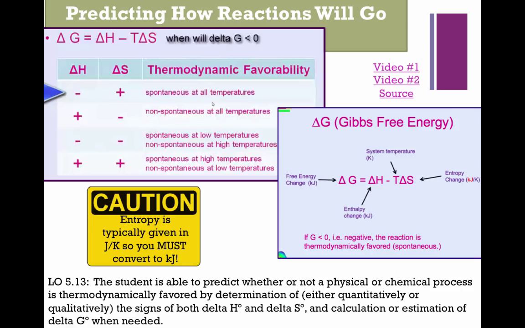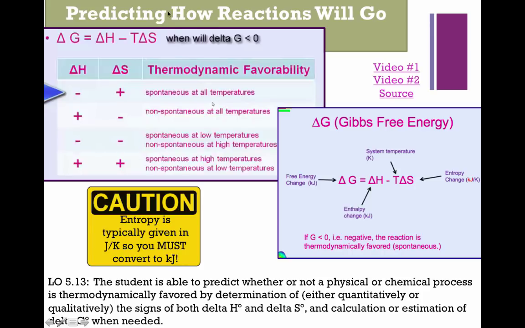So then predicting how reactions will go, you have this table that we've looked at already. Delta G equals delta H minus T delta S. Nature likes, this blue arrow is because this is what nature prefers: a negative delta H, a positive delta S, and that makes your delta G negative at all temperatures.